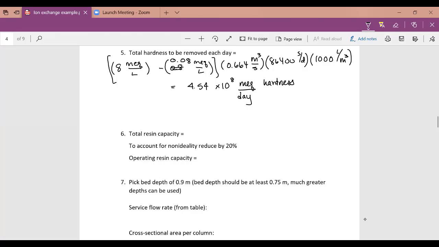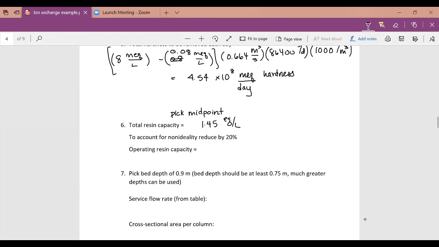For the resin capacity, we'll pick the midpoint, and that was 1.45 equivalents per liter. So it was 1.35 to 1.55. We'll just pick the midpoint there.